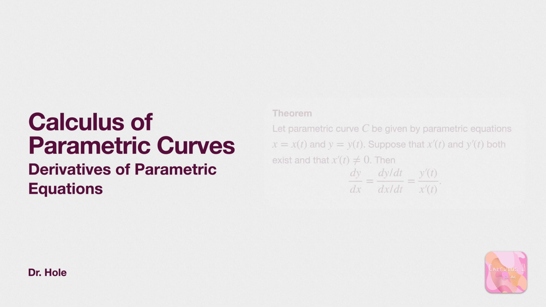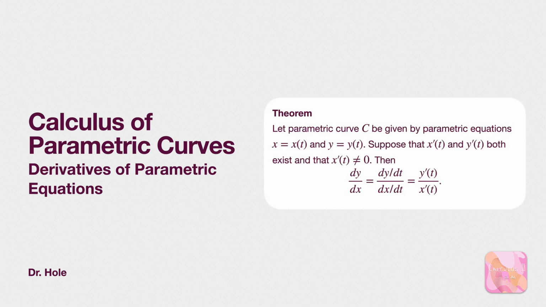In fact, we can take that as a theorem: if you have a parametric curve C given by x equals x of t, y equals y of t, and you assume that x prime is not 0, then the slope of the tangent line can be found as the quotient of y prime over x prime. This is the same thing as dy/dt divided by dx/dt.